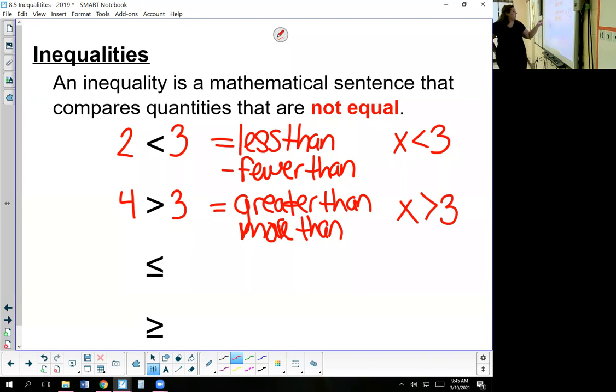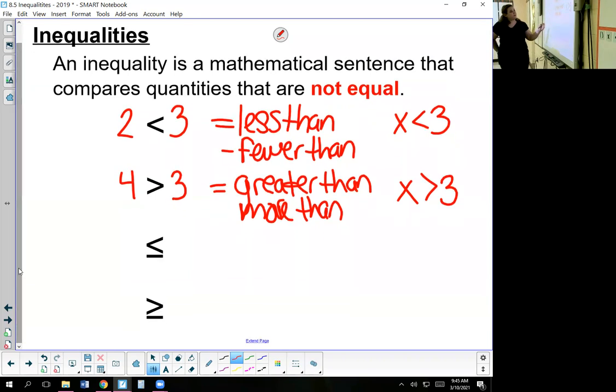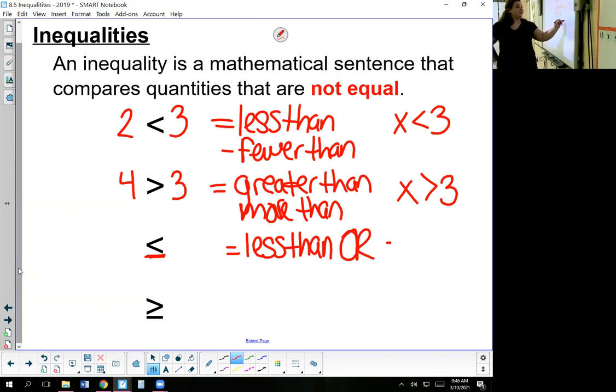Same thing, but if you notice, the symbol now has this little bar below it. And that bar below it means that it is less than or equal to.